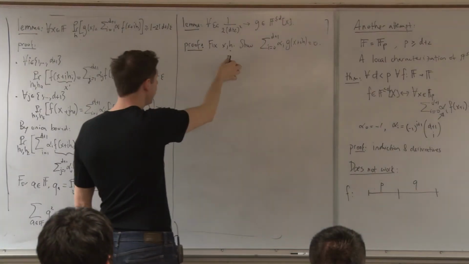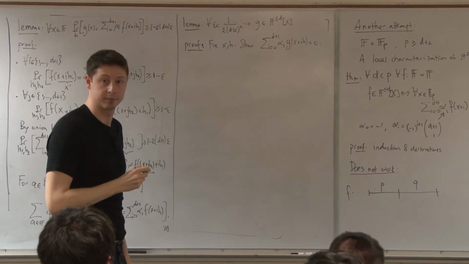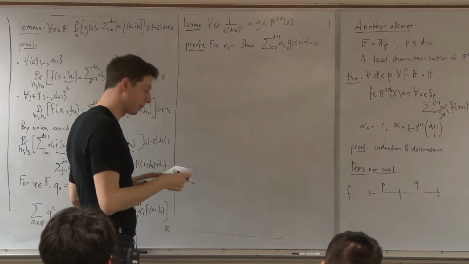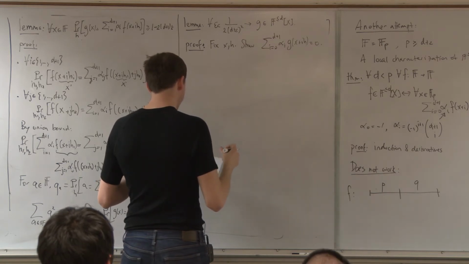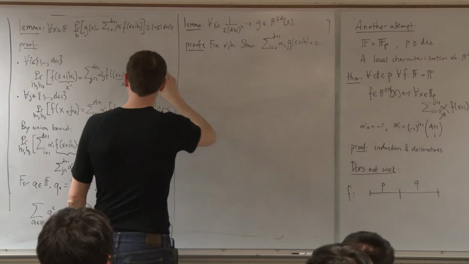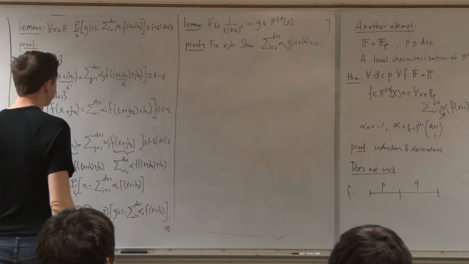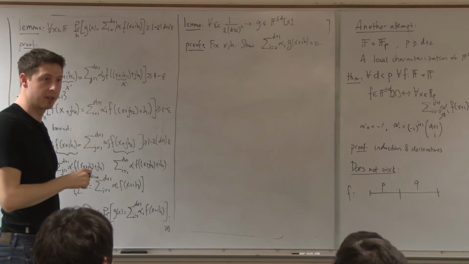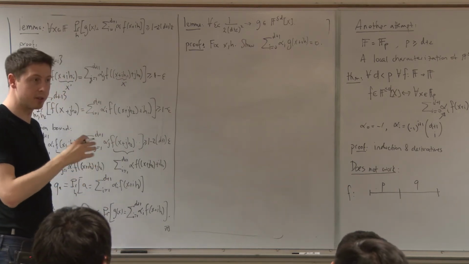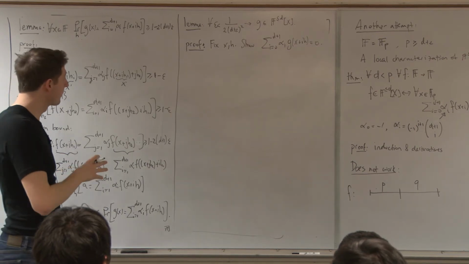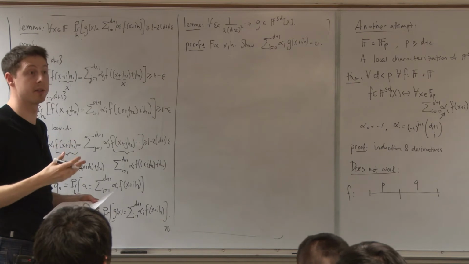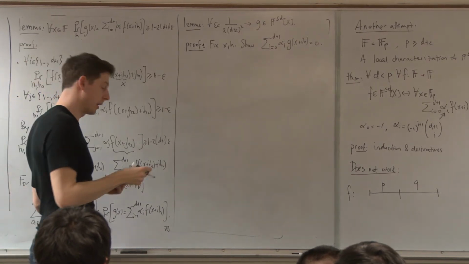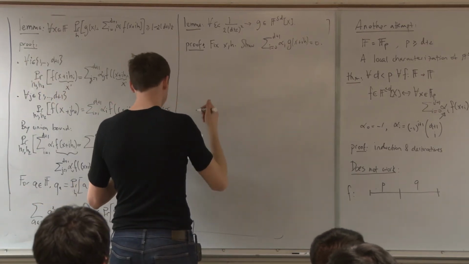If I show it for arbitrary x and h, I know that G is low degree. If you remember, last time we invoked this statement with different choices of x and rewrote it in different ways, in order to derive some event that holds with probability greater than 0. So let's do it.